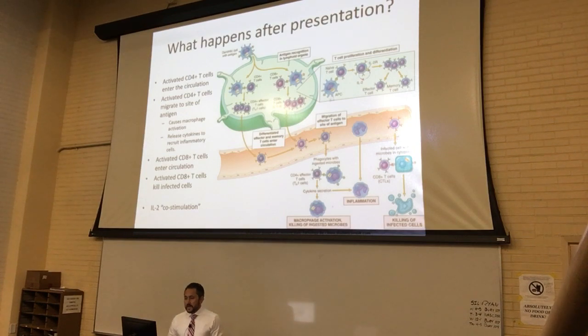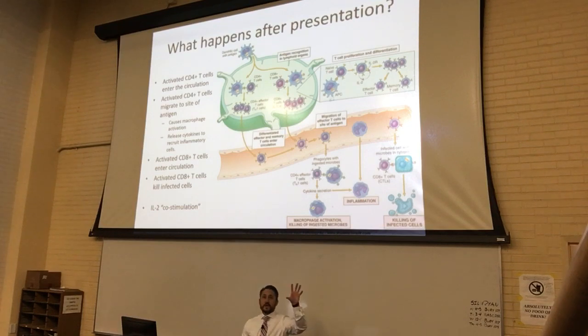Then the activated CD8 positive cytotoxic T cells are entering the circulation, and they go kill the infected somatic cell that's displaying the antigen. And don't forget that this co-stimulation event of IL-2 happens up here in the lymph node before the cytotoxic T cell gets out into the circulation.